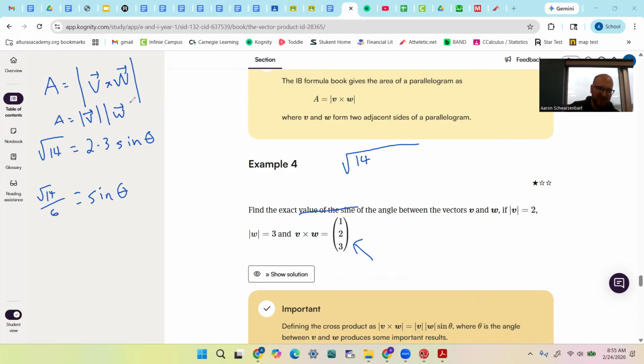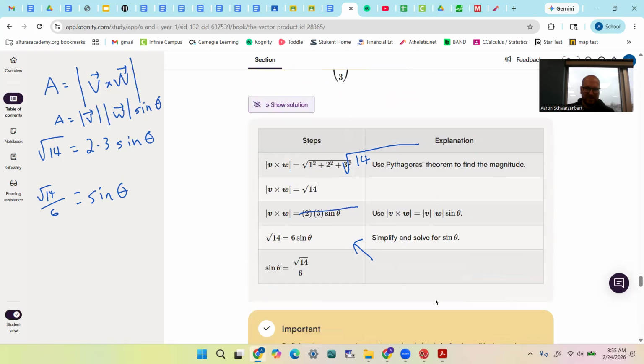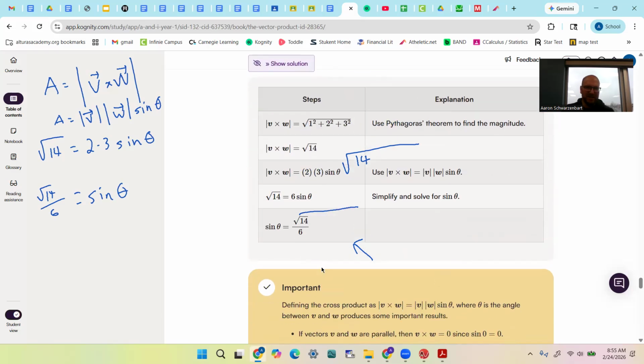So something they love in IB is you got two different things, set it equal. You can use one to find the other, find one part, use that to find the other thing. And notice I read the directions that asked me for the sine of theta, not theta.